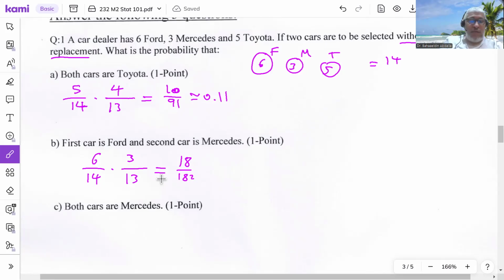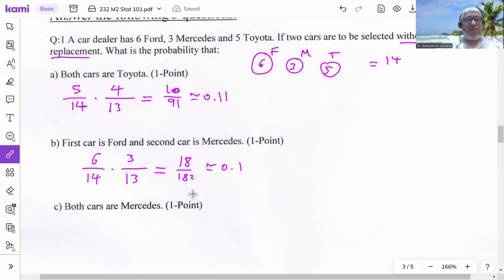So 3 times 6 is 18 over 182. So the answer is approximately 0.1. Okay. I just want to check something. Okay, correct. So everything is fine.